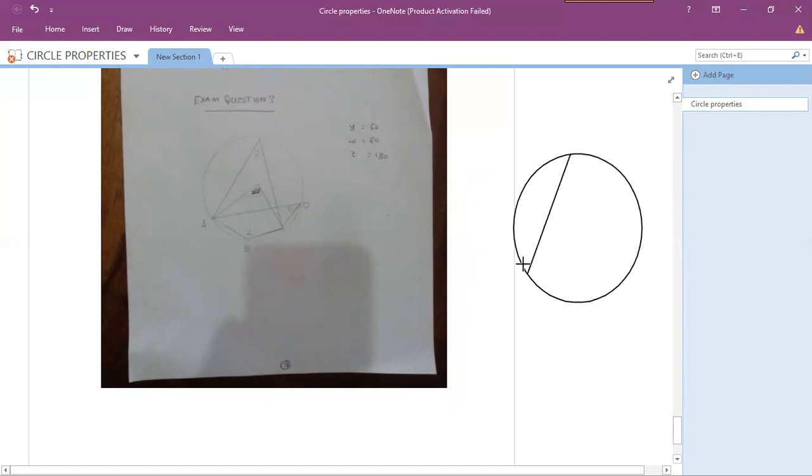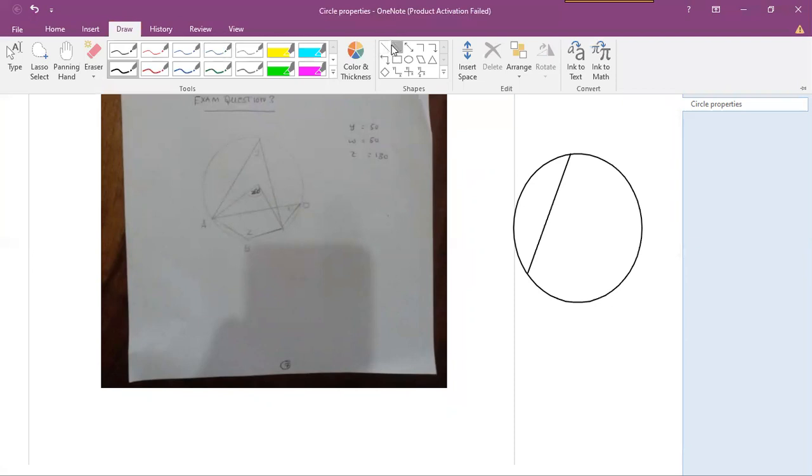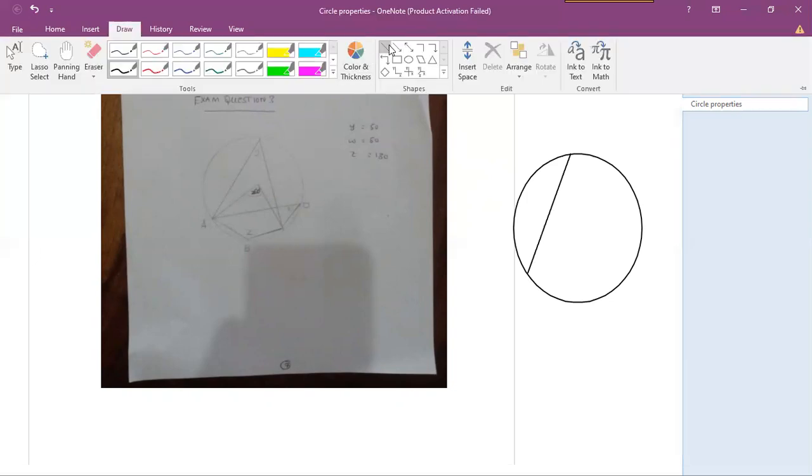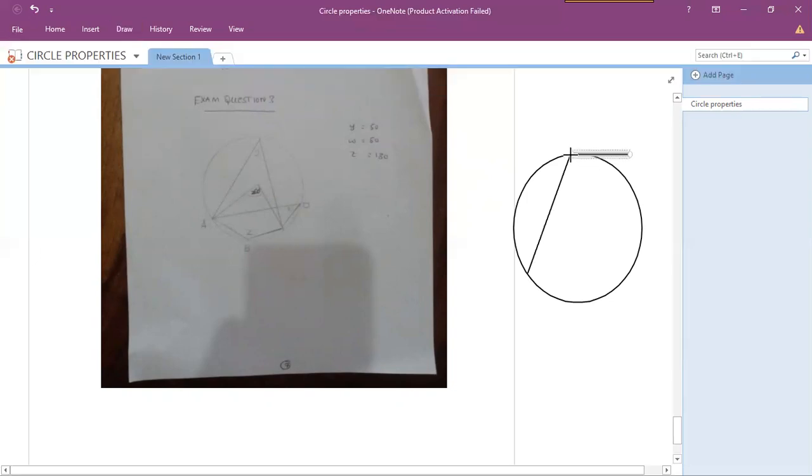Notice how all the vertices are on the circumference. So that's one vertex that we're going to draw. All vertices will be on the circumference. It has to show you that this is actually a cyclic quadrilateral.